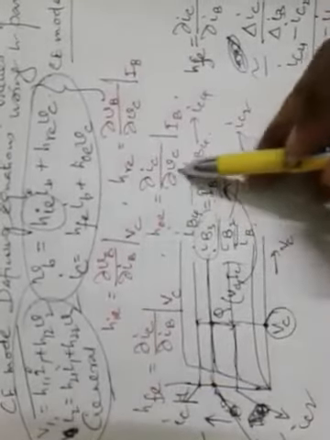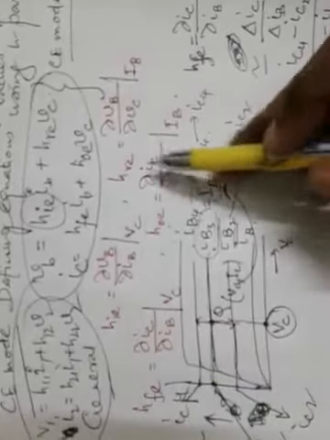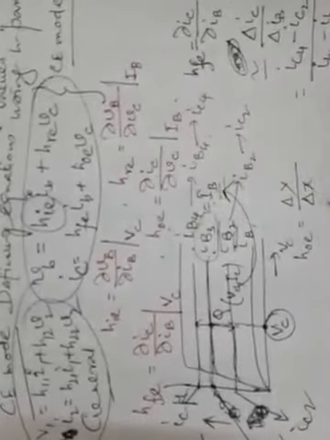So it is nothing but Y by X, change in Y by change in X. This delta means change, that is, Y2 minus Y1 by X2 minus X1.